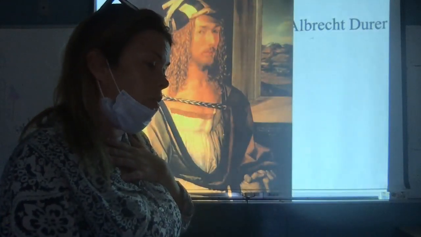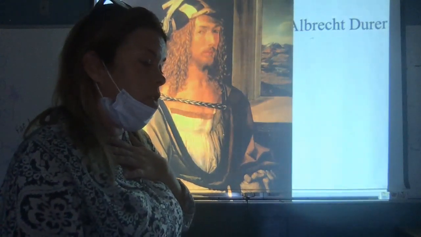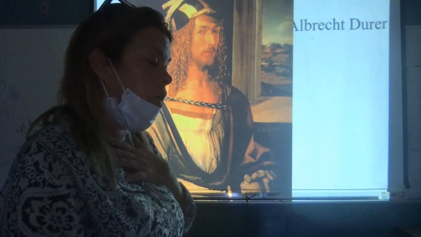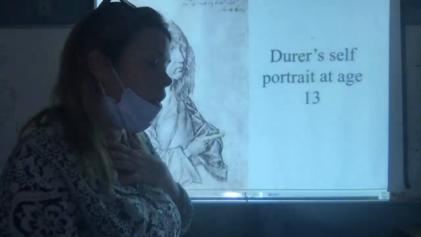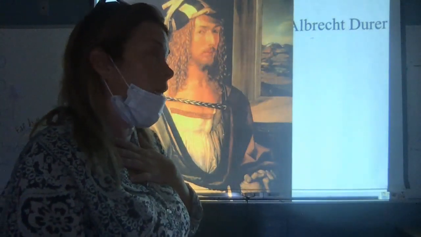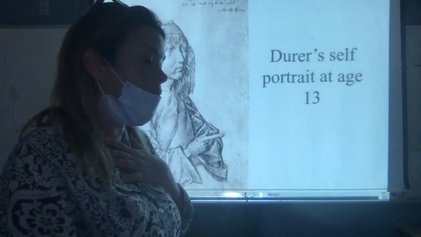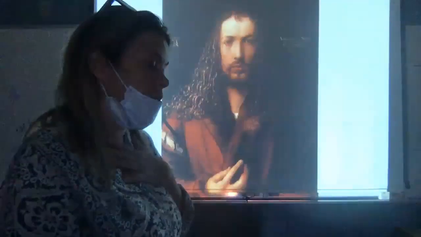And portraiture has gone on forever since then. We needed portraits, we needed paintings to know who prominent people were. This is Albrecht Dürer's painting of himself. This is a drawing he did of himself when he was 13 years old.